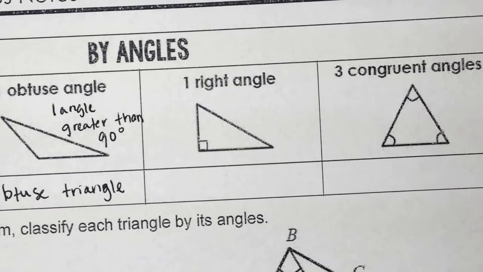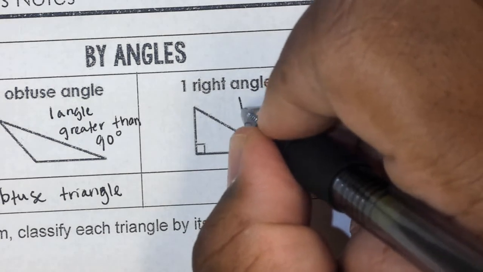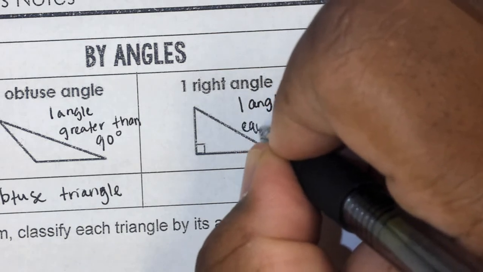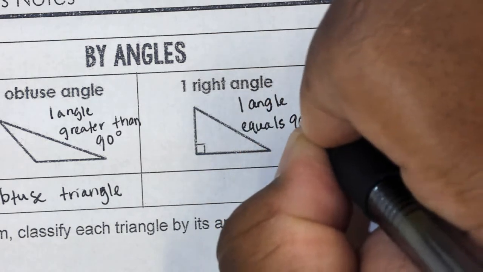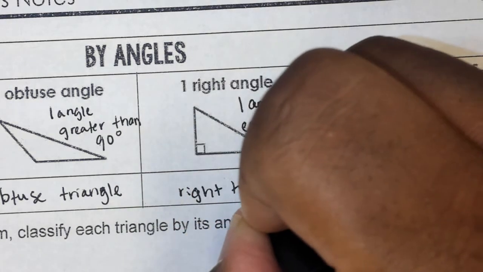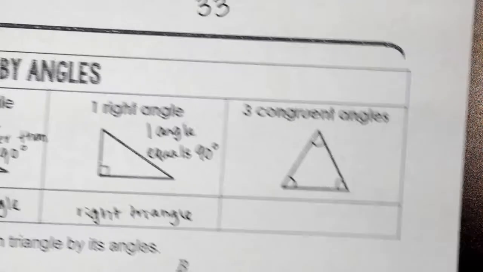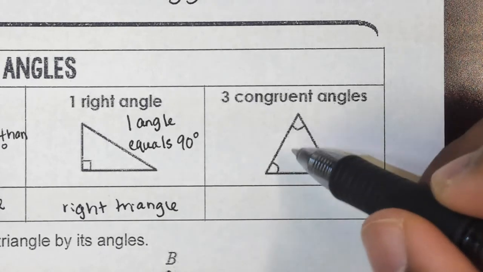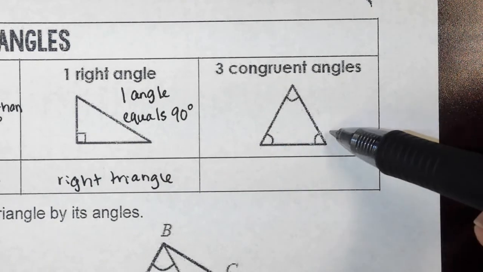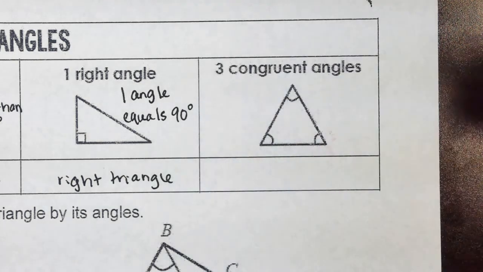Obviously, we all should know what a right triangle is. Right triangle, one angle equals 90 degrees. Right triangle. And our last one is when you have three congruent angles. You see these congruent symbols, y'all should all remember this. These congruency symbols in the triangle. If that's the case, all three angles are congruent.